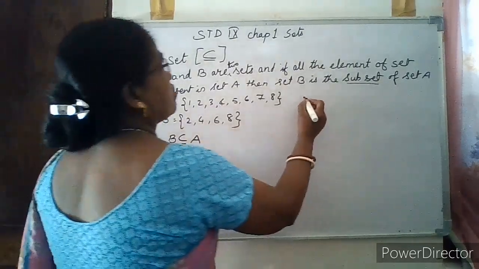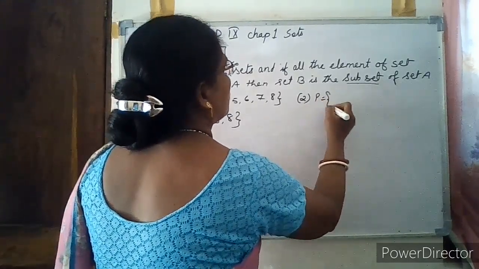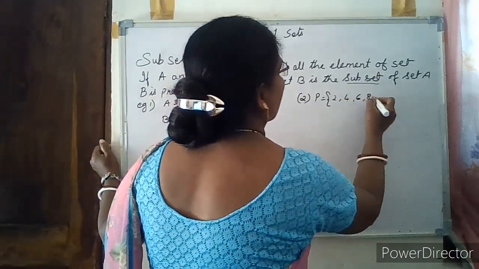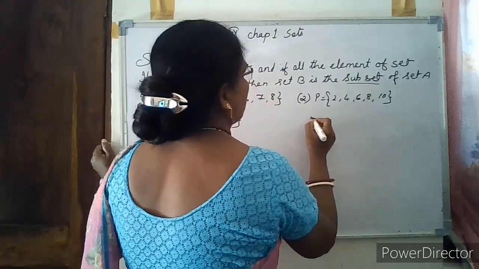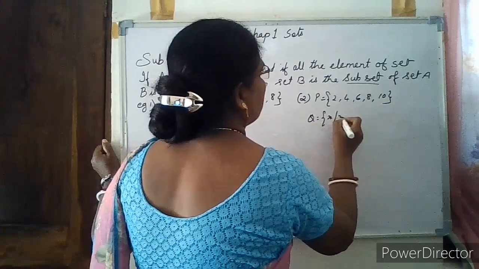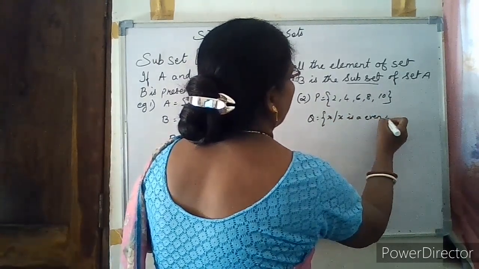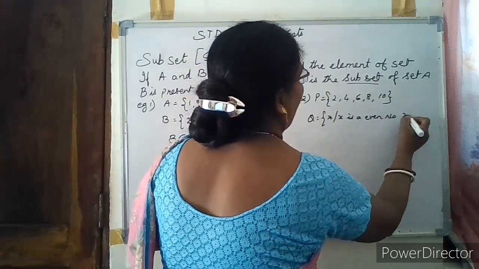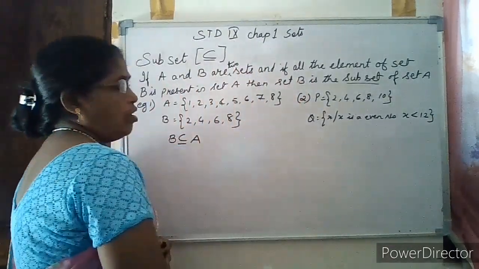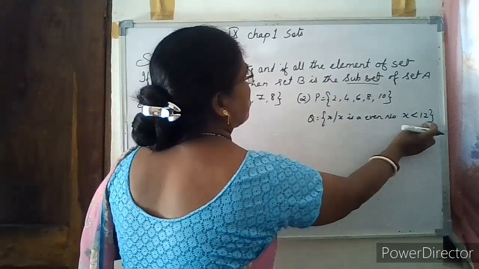Another example, the second example. Suppose set P is given, and Q is equal to the set of X such that X is an even number where X is less than 12.